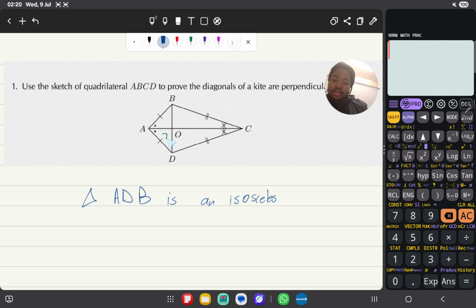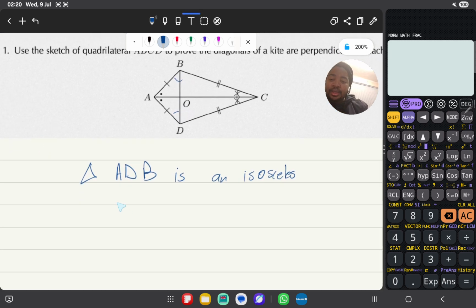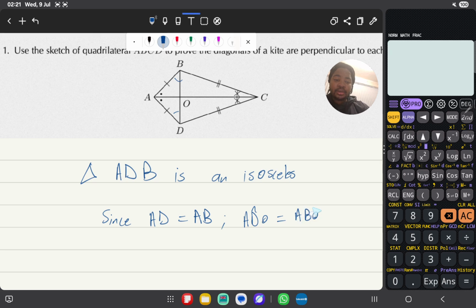The reason why we are saying this is an isosceles triangle is very simple. The two sides are equal, and if the two sides are equal, these angles must be equal as well, right? So you would then say, since AD equals AB, angle ADO must be equal to angle ABO.